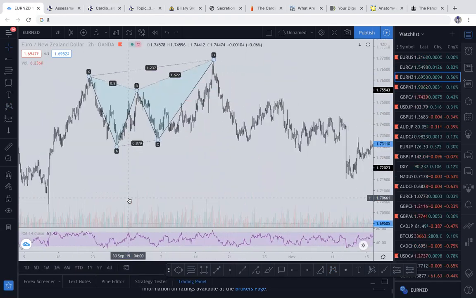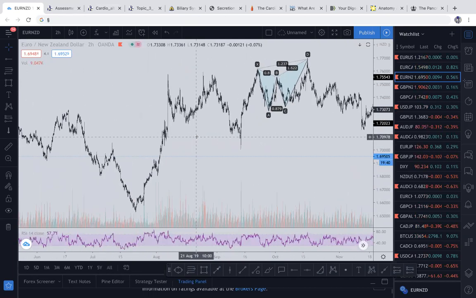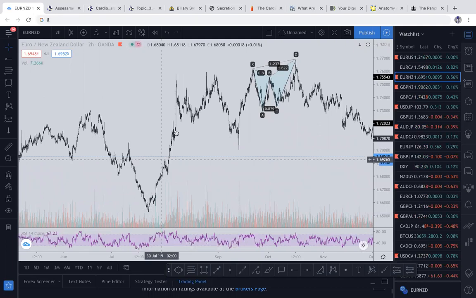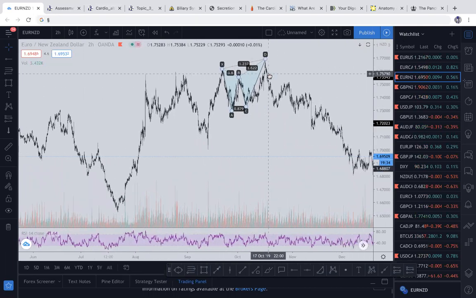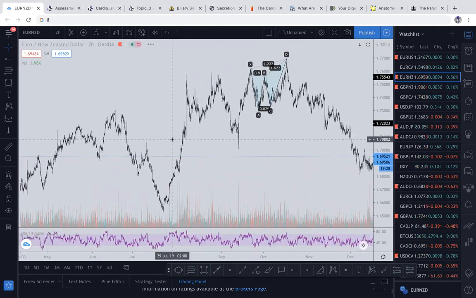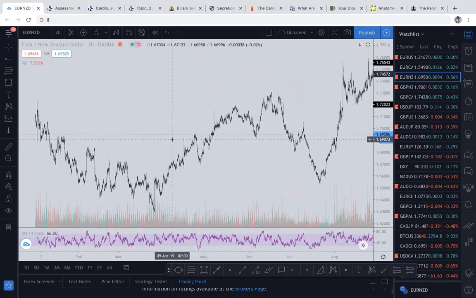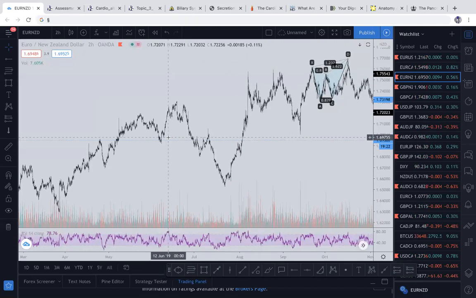And look at that. It hit the entry and straight away price just dived down. And look where the wave was. At the end of the wave, and price just dived. So you should always know where price is coming from, where it's going to finish. And that will give you the best trades.